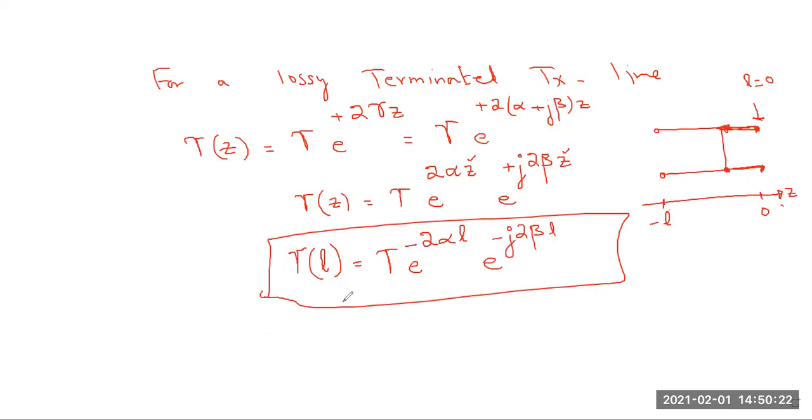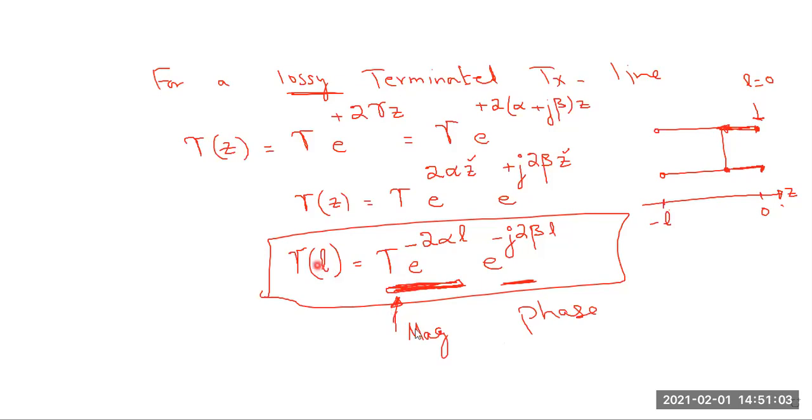This expression is telling us that on a lossy transmission line, this is the amplitude part. You can see that the propagation constant is a complex number, and this term is going to decide the amplitude or magnitude of the propagation constant, and this term is going to decide the phase. And because you already know from the signals and systems course, this represents a decaying function.